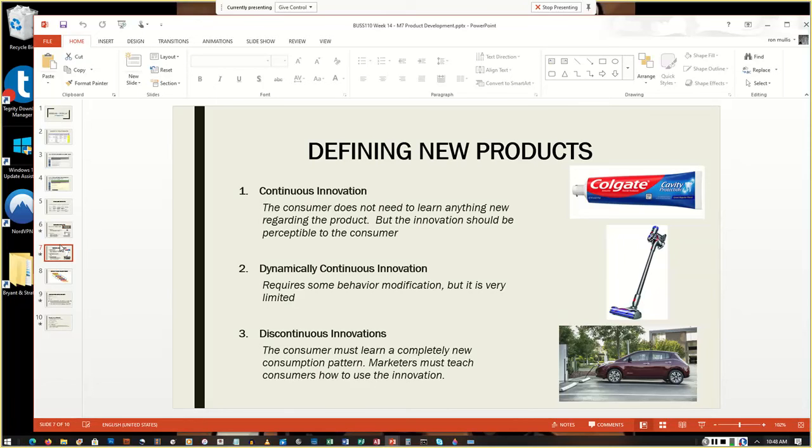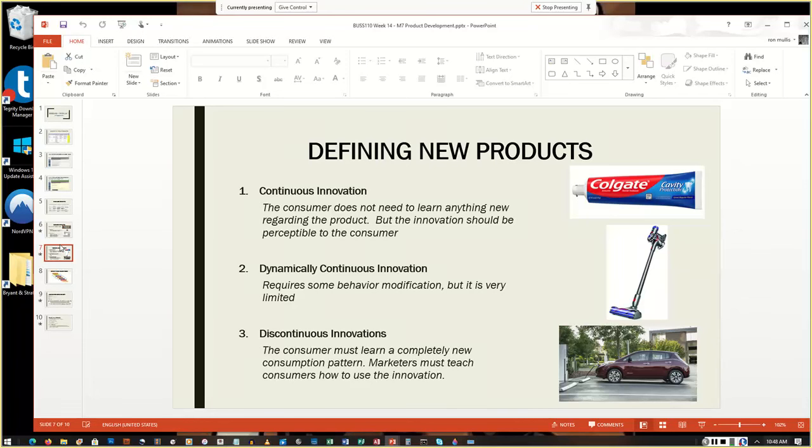We can also define new based on the degree of learning that is required by a consumer. There are three different classifications of new products determined by whatever the consumer has to learn.